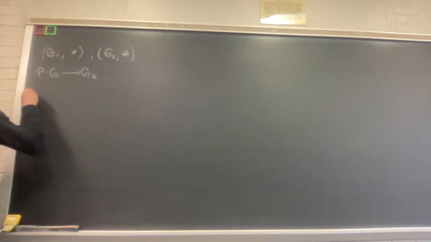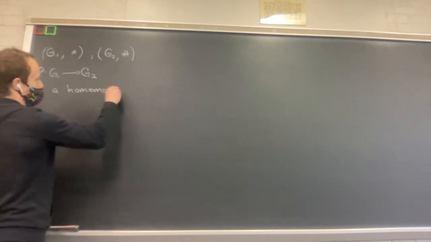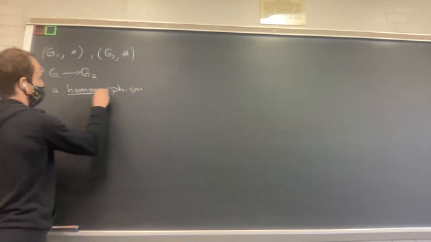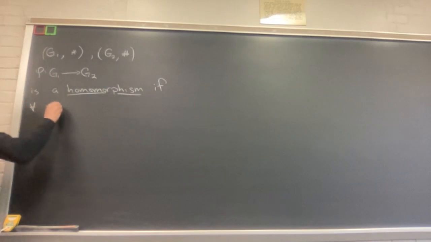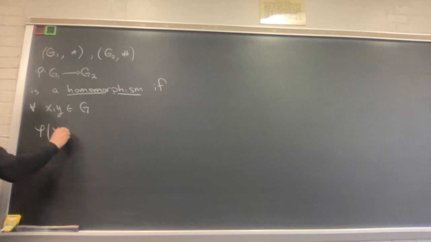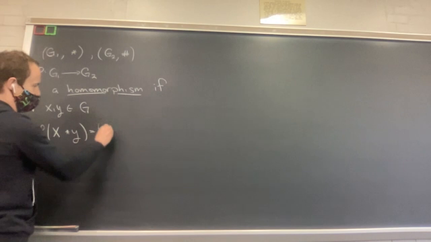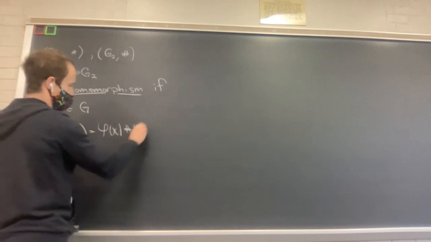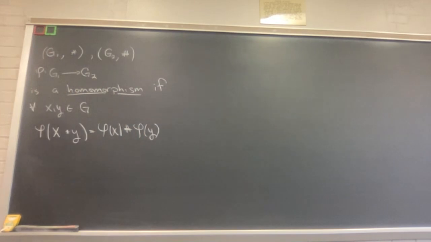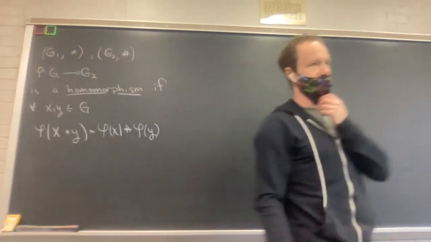Then, if you have a map phi from G1 to G2, this is a homomorphism if for all x, y in G1, we have phi of x star y is the same thing as phi of x pound phi of y.